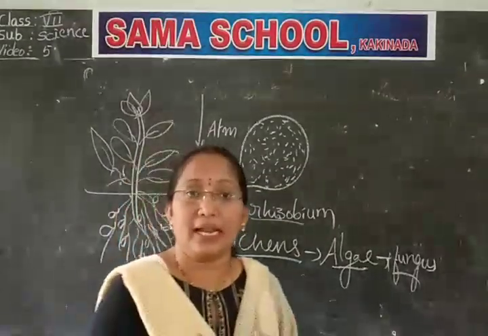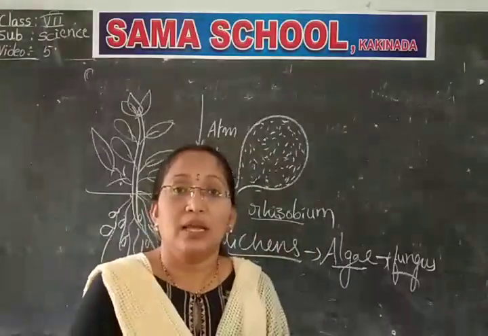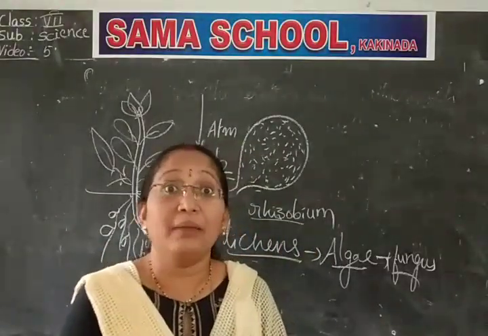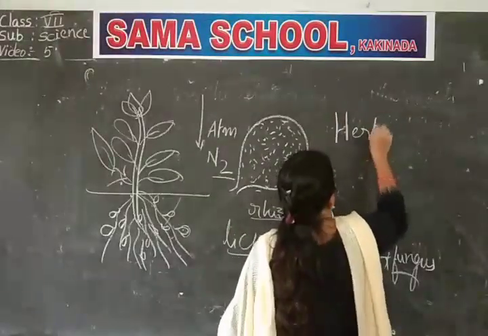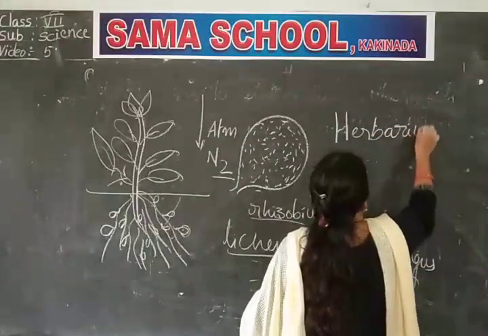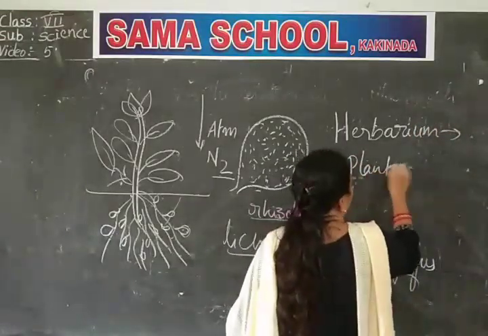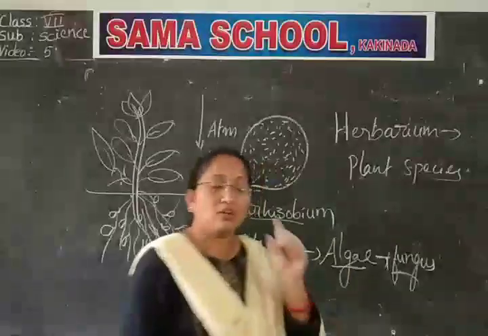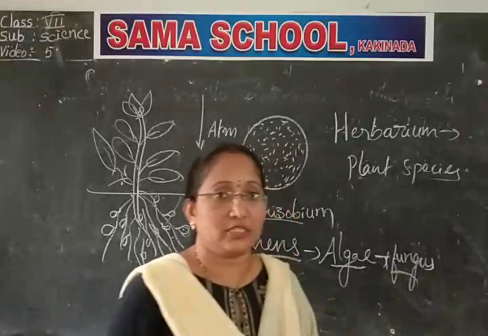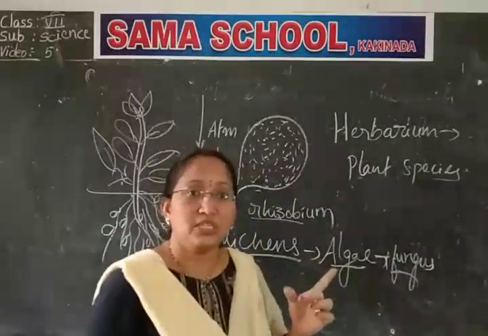You can collect and press it and tape it, and you can make herbarium sheets. What is that? Herbarium means preserving plant species. Here one topic is mentioned in our textbook. That's why I'm explaining. So herbarium means preserving plant species.